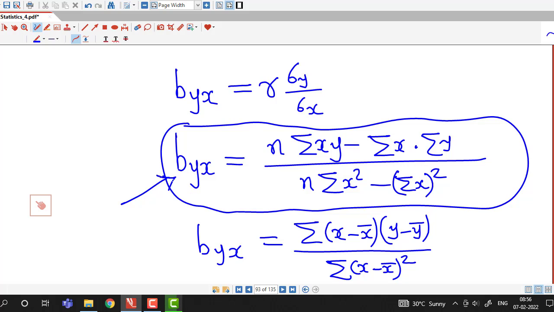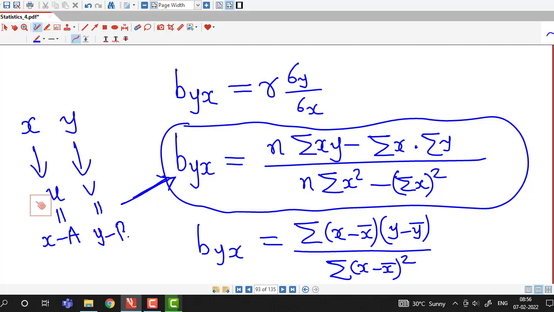So if we modify this formula, if we change the variables x and y to new variables u and v by this type of transformation, u equal to x minus some constant, v equal to y minus some constant, then we have one result which says that if we consider this type of change of origin, then regression coefficient does not change.